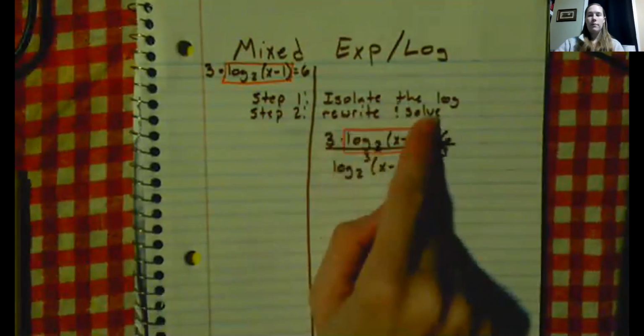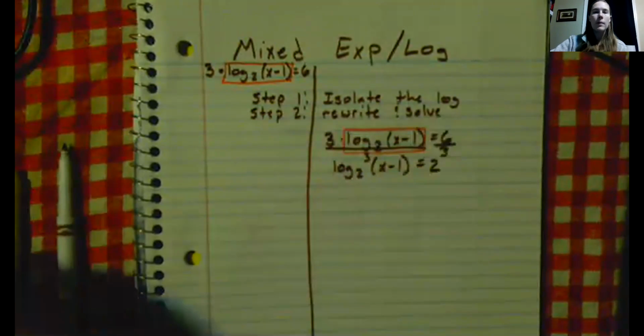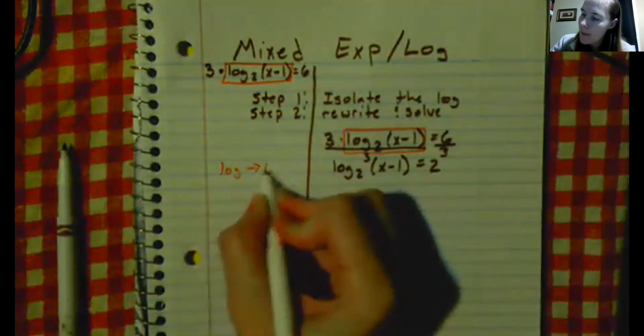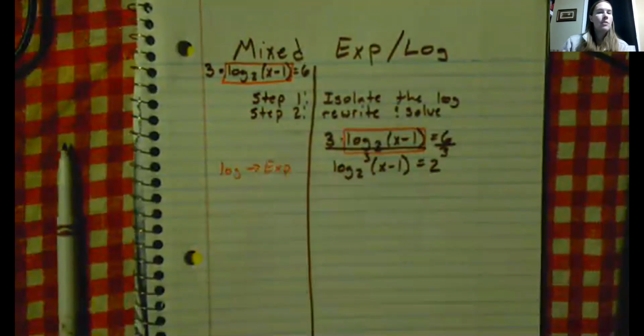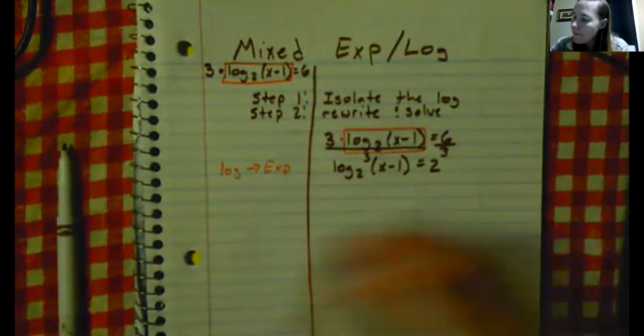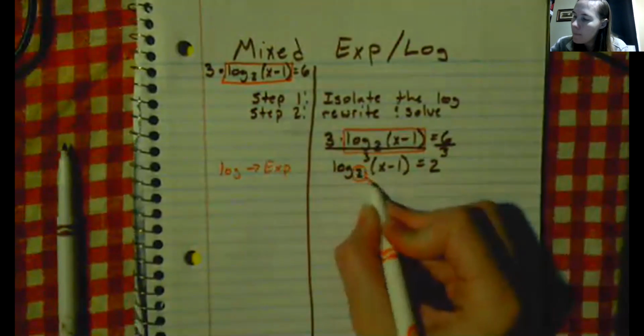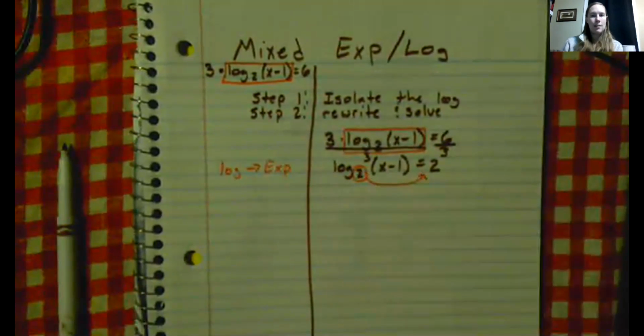So now we go to step 2, where we rewrite and solve. Whenever we rewrite, we always want to think, okay, this is in log form, so it needs to become exponential. Like we learned, I find my base on my bottom, and I want to move it to the other side.